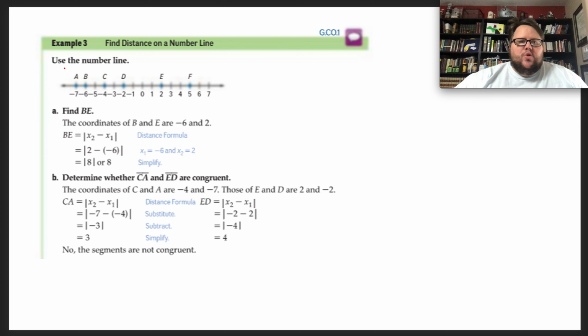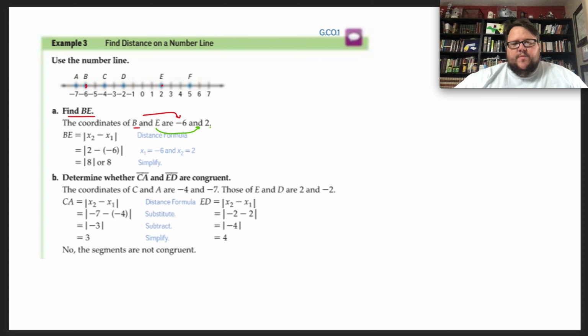So, use the number line. Find the distance between B and E. B is -6 and E is 2. So you have x2 minus x1.